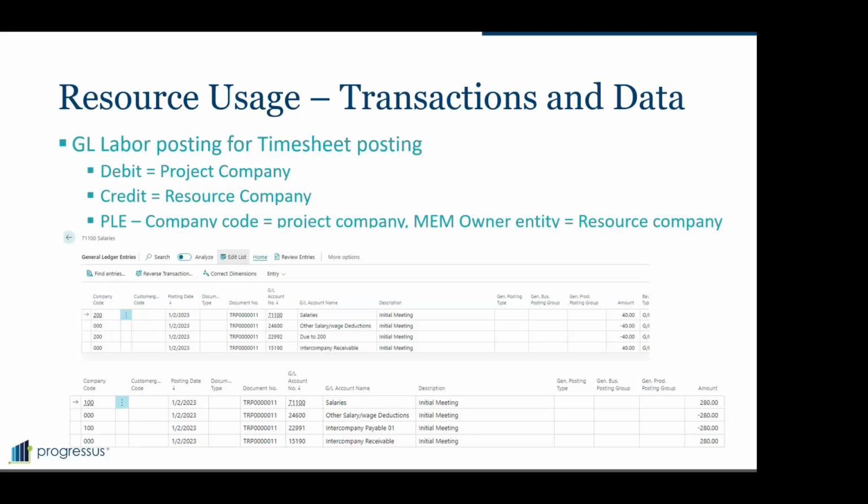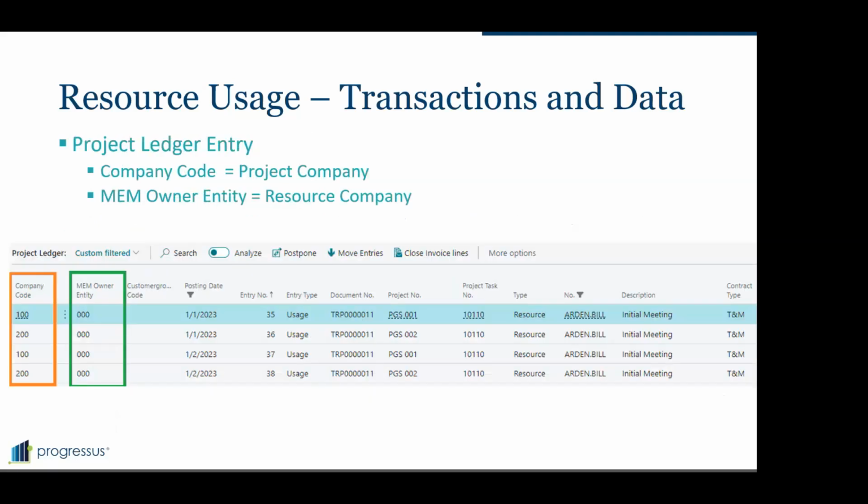If those two companies are different, then you will get intercompany transactions. The project ledger entry will have the company code equal to the project company, and the MEM owner entity equal to the resource company. Here's a screenshot of that information. The company code is the project, and the MEM owner is the resource.